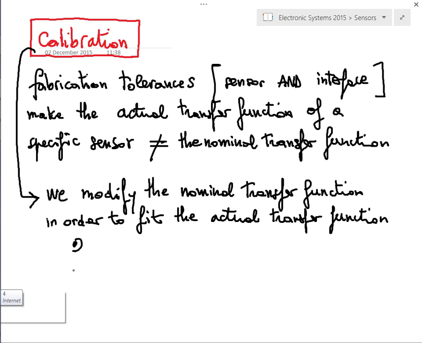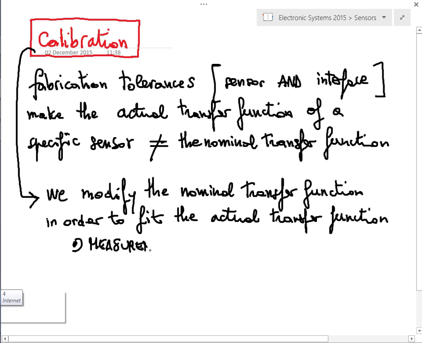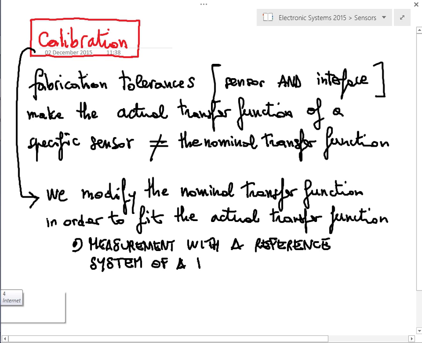Okay, so what we need to do is measurement with a reference system of a few points of the transfer function.